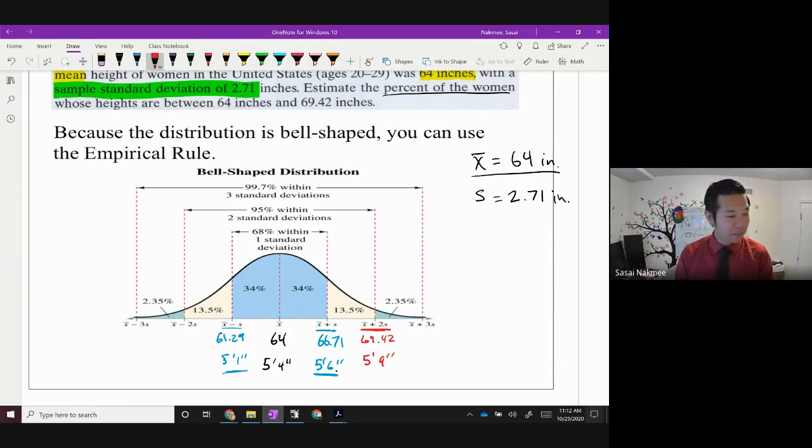Have you met a woman who's 5'9"? Come on, you gotta laugh when you see that number. You never met a girl who's 5'9"? That's because, considering this data, that's 2 standard deviations away. That's considered pretty tall. It's not really tall, but it is tall. They're 2 standard deviations away, without heels, by the way.